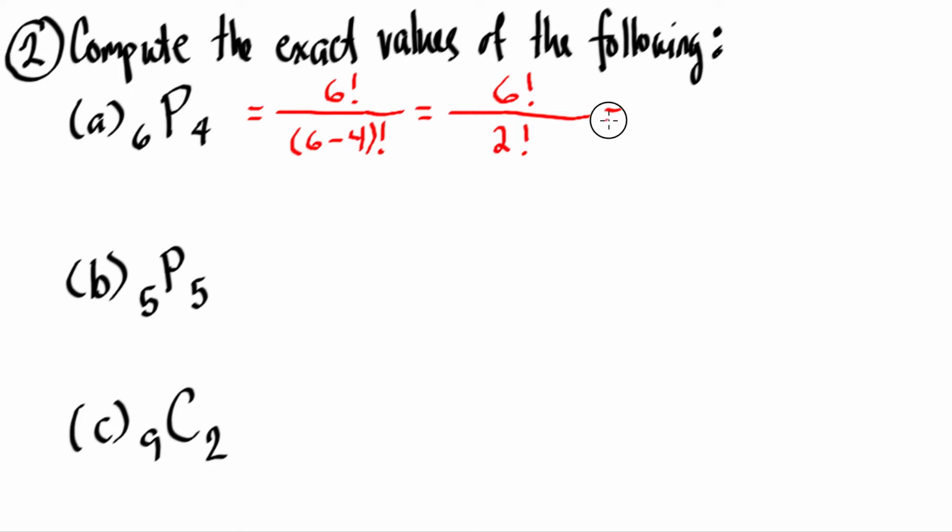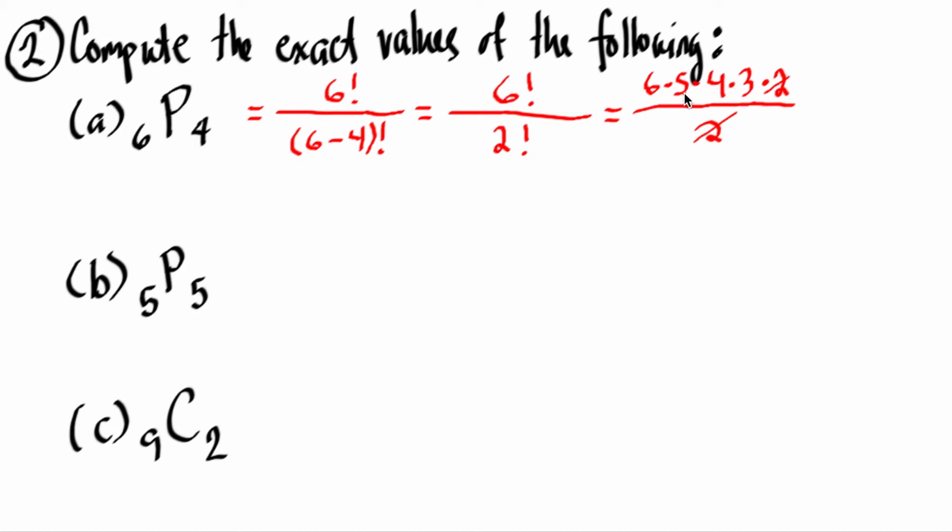We need to extend that. What we'll have is 6 times 5 times 4 times 3 times 2 all over 2 factorial. So that's just 2, we're going to cancel it, and then multiply all the remaining numbers.